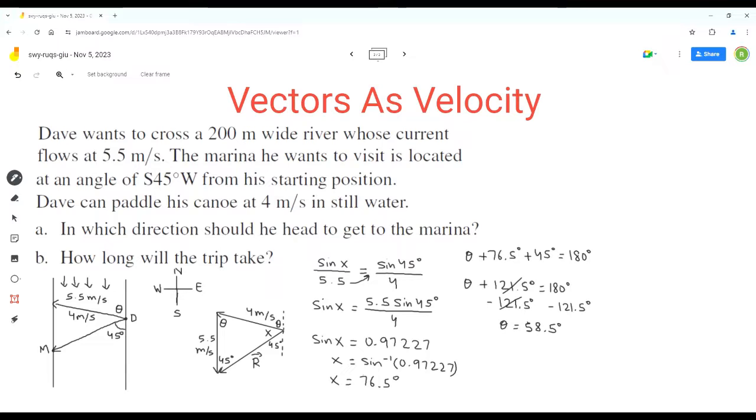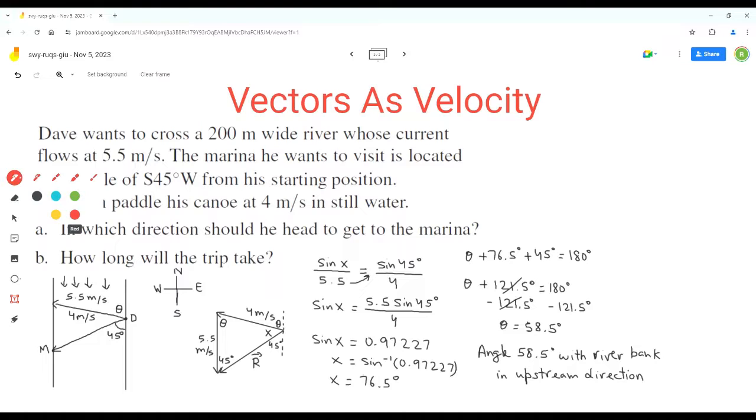So the direction can be described as the angle is 58.5 degrees with the river bank in the upstream direction. So this should be the final answer for part A.